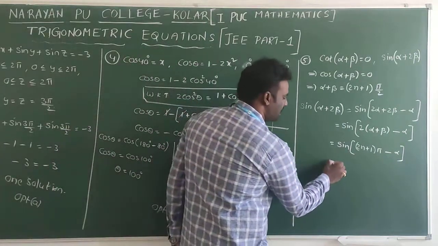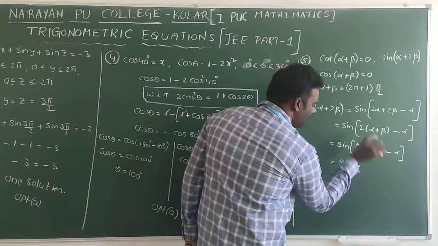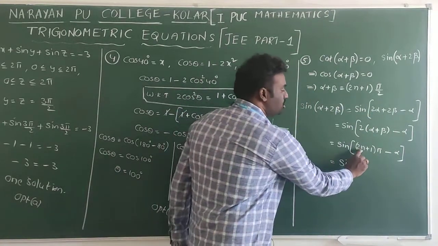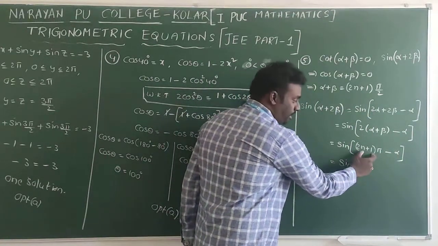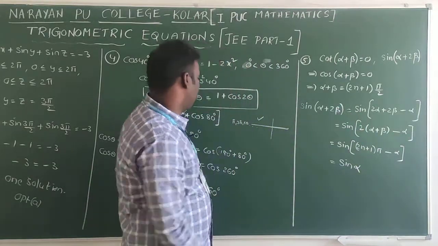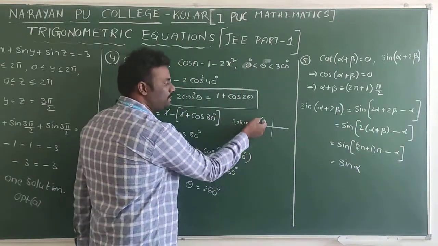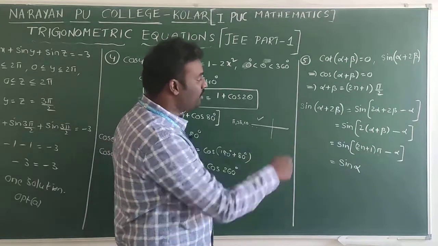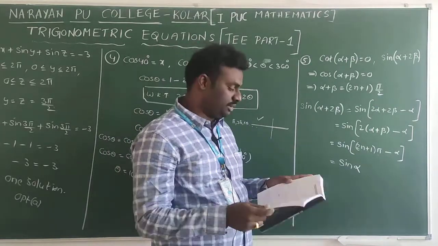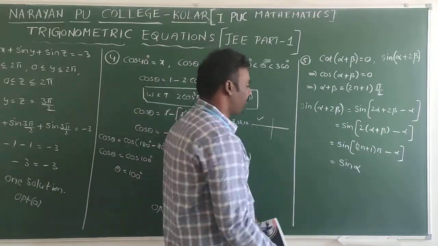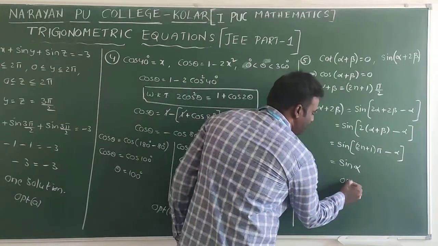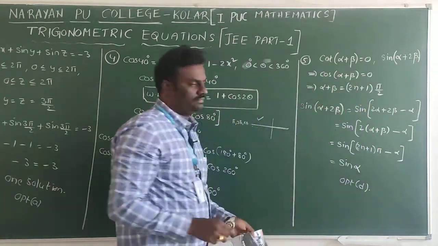That's why this can be written as sin alpha. Why? Because this 2n plus 1 is nothing but an odd number multiple. Odd multiple of pi minus goes to the second quadrant, where the sign is positive. That's why the answer is sin alpha. Therefore, option D is the correct answer.